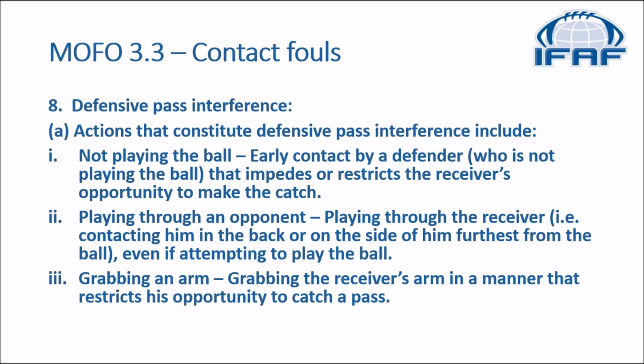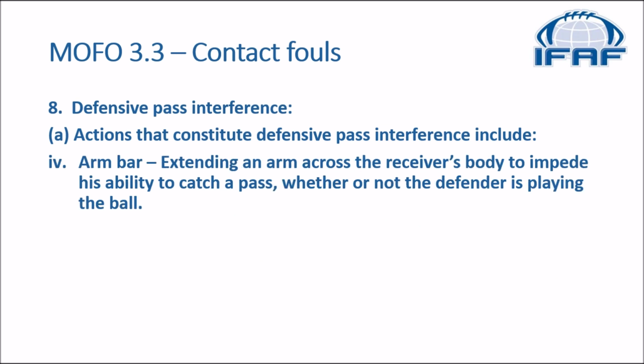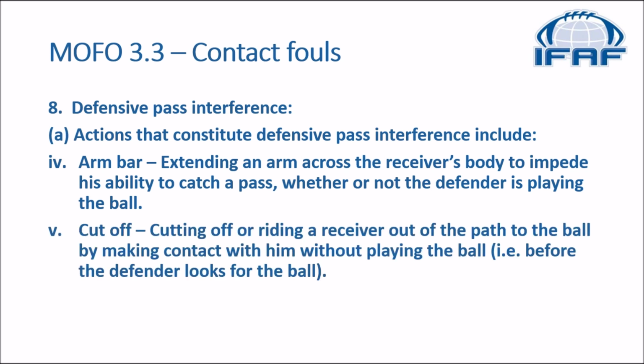3. Grabbing an arm. Grabbing the receiver's arm in a manner that restricts his opportunity to catch a pass. 4. Armbar. Extending an arm across the receiver's body to impede his ability to catch a pass, whether or not the defender is playing the ball. 5. Cutoff.